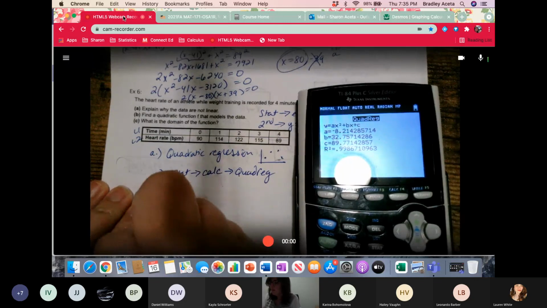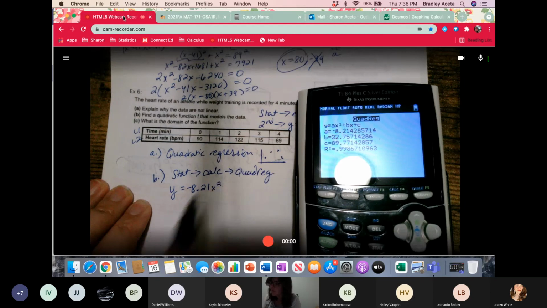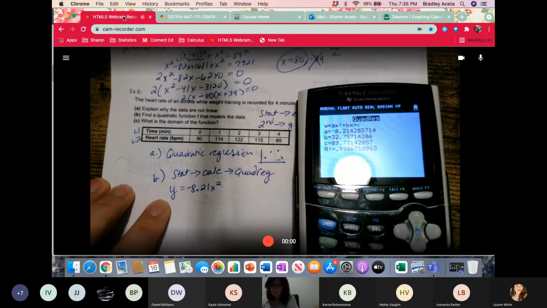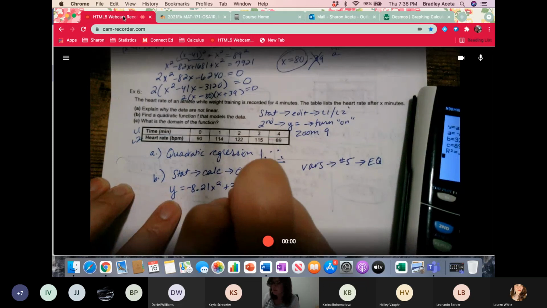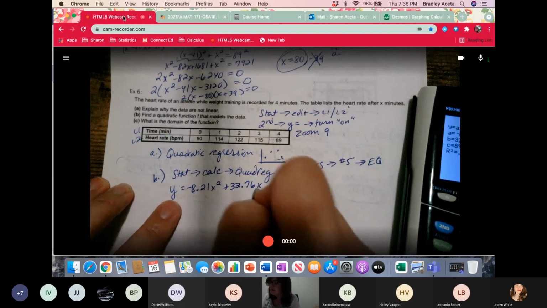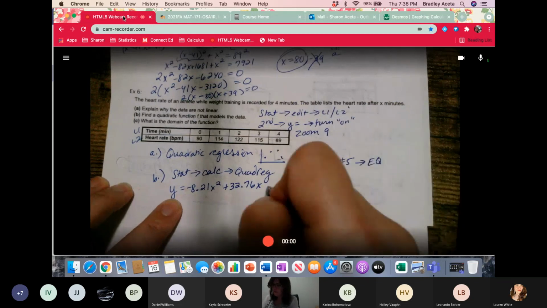So you would have y equals negative 8.21 x squared. My B is 32.76. 32.76x, and then my C is 89.77.